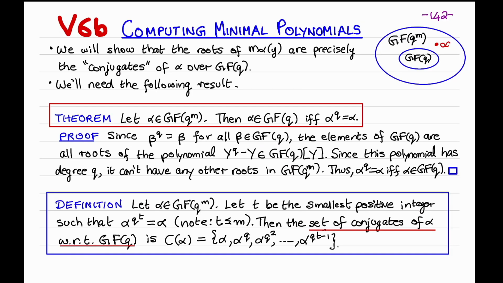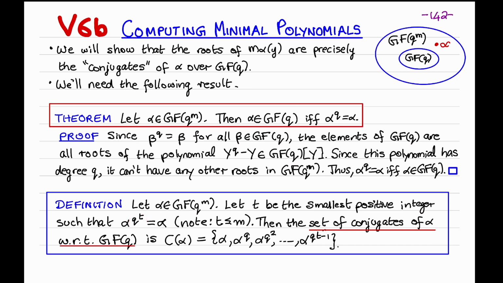I'll next define the notion of conjugates of alpha. Let alpha be in GF(q^m), and let t be the smallest positive integer such that alpha to the power q to the t equals alpha. Note that we have a double exponent here. So this is q to the power t, not q times t.